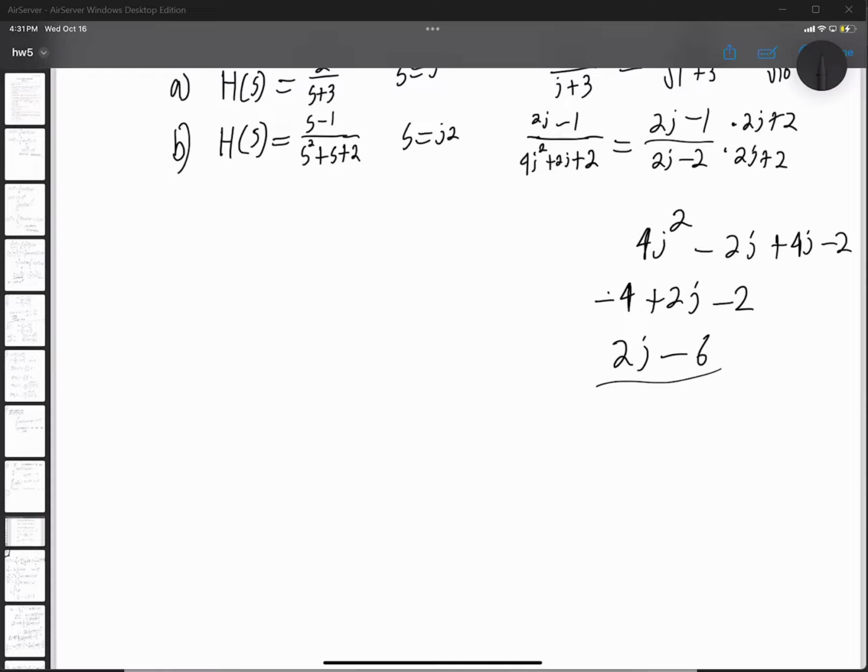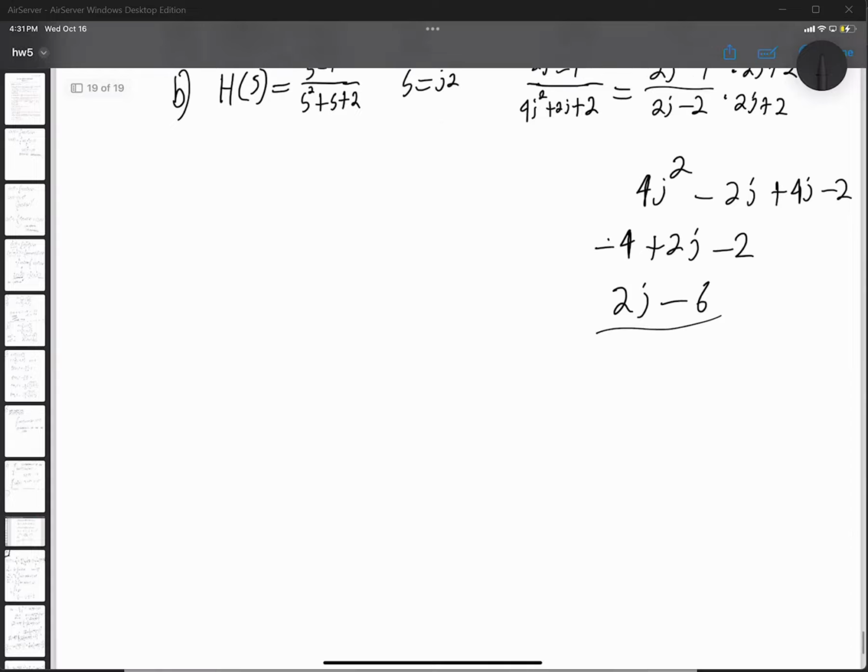And on the bottom, we'll have just 4, 2 squared plus 2 squared, basically. And we'll be left with 4 plus 4, which is 8.